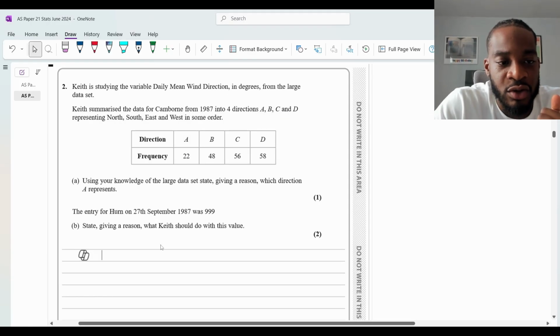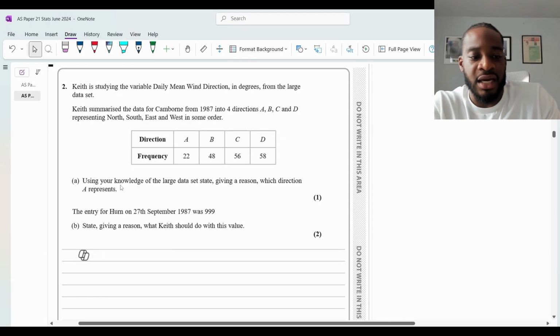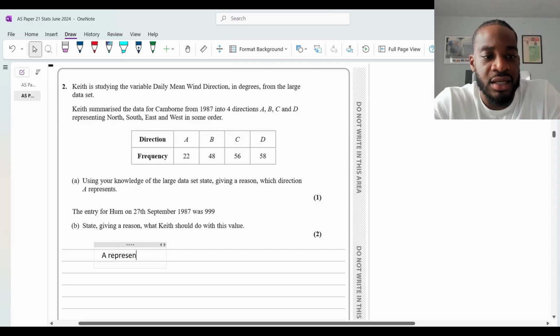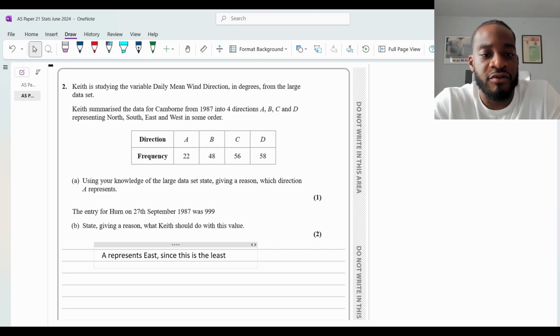So again, I'm just going to go to my working here, and then I'm going to say A represents east, since this is the least frequent wind direction in Camborne.